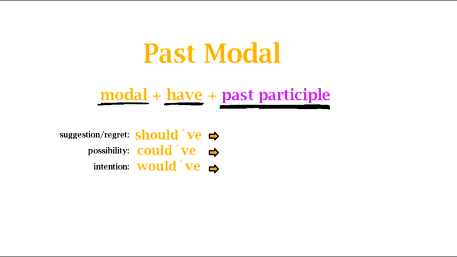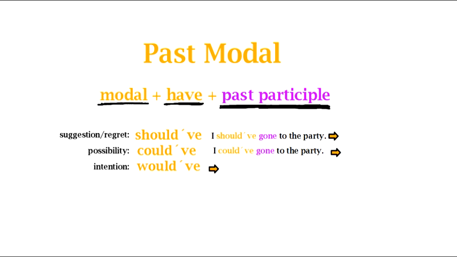Okay, so we've seen some previous past modals. For example, should have. Now, should have I use a lot with suggestions and regrets. As an example, I could say, I should have gone to the party, right? I can use could have if I'm thinking about possibilities of something, and I could say, I could have gone to the party as a past possibility, right?